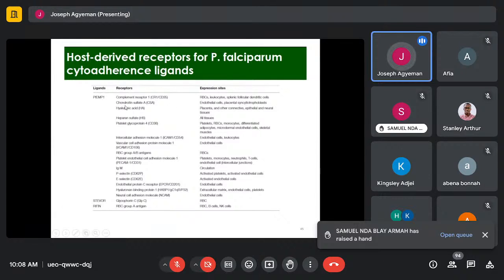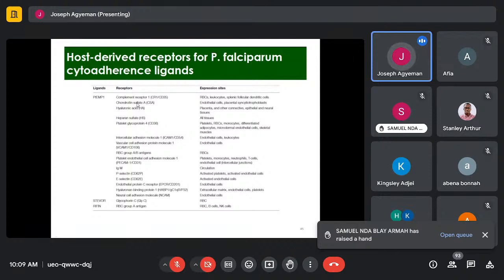You can see chondroitin sulfate also as one of the receptors, and it could be found on endothelial cells. So the endothelial lining of the blood vessels could have this chondroitin sulfate, and it is one of the receptors for this protein. So through this receptor, cytoadhesion can occur.